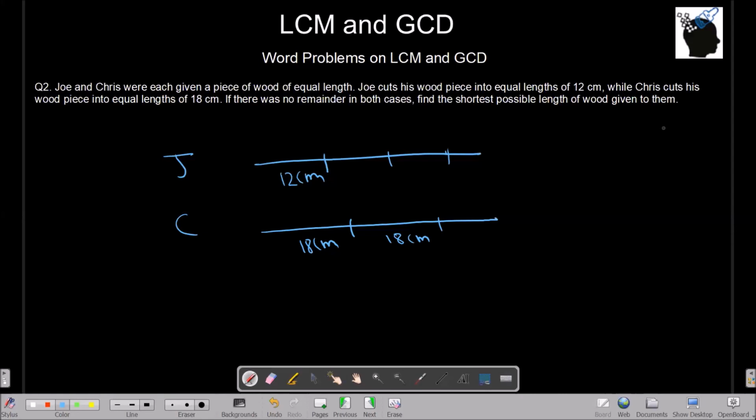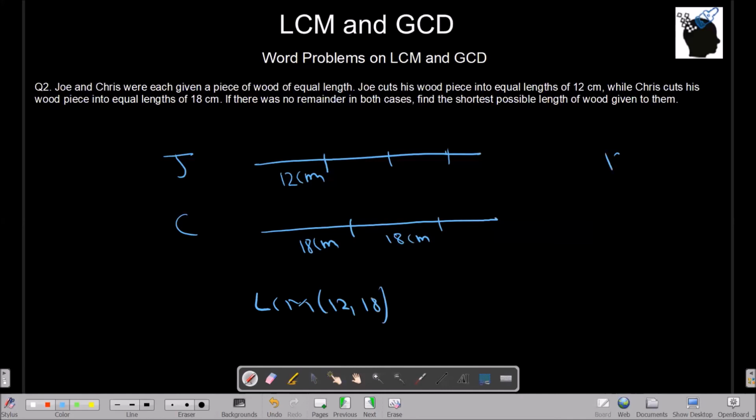And we have to find the shortest possible length of wood given to them. That means I have to find a number whose factors are 12 and 18, or nothing but I have to find the least common multiple of 12 and 18. So our answer will be given by the LCM of 12 and 18.